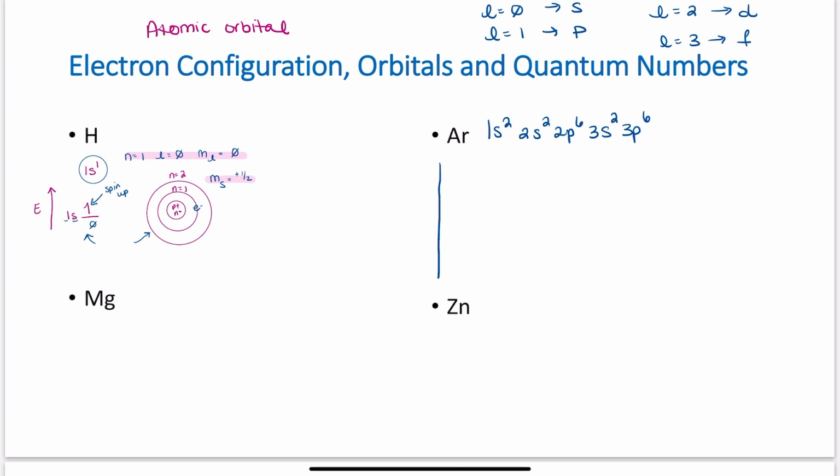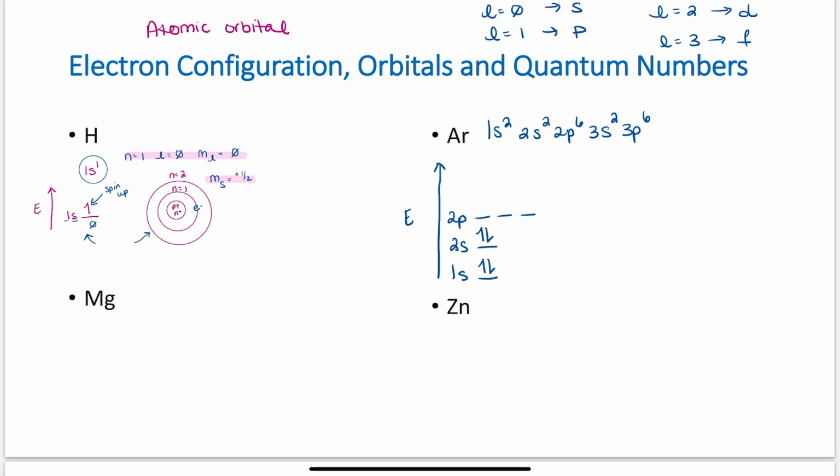If I look at my atomic orbital against my energy scale, I have a 1s energy level with 2 electrons. I have a 2s orbital with 2 electrons. I have a 2p orbital. Remember, 2p's have 3 different suborbitals in them.